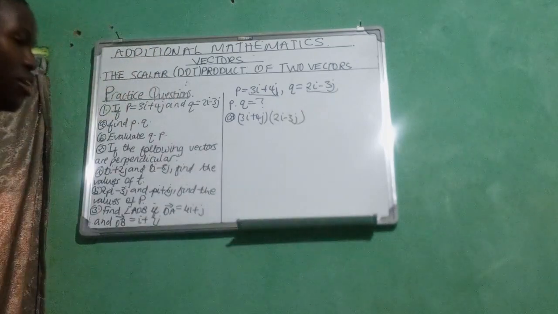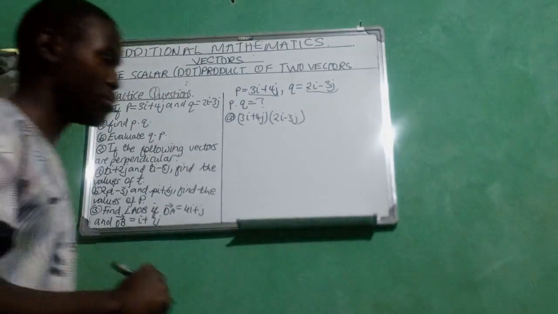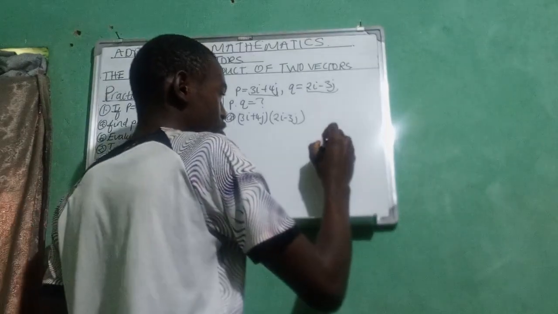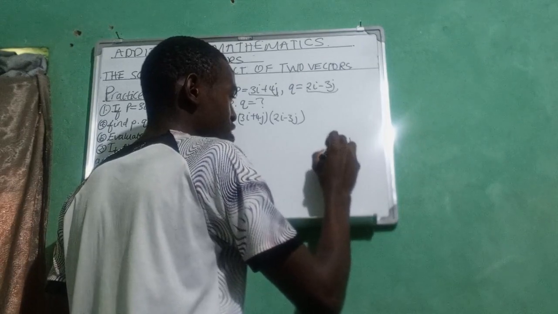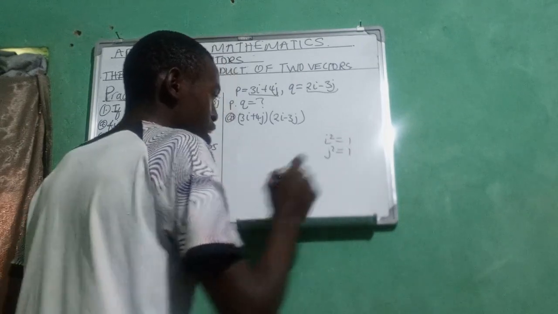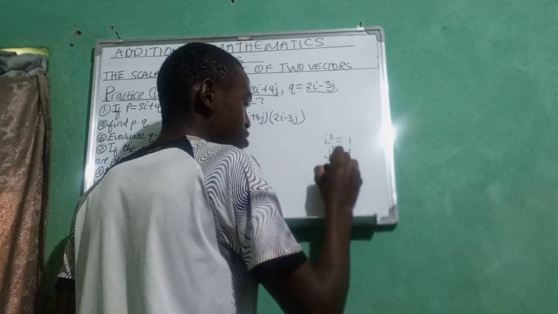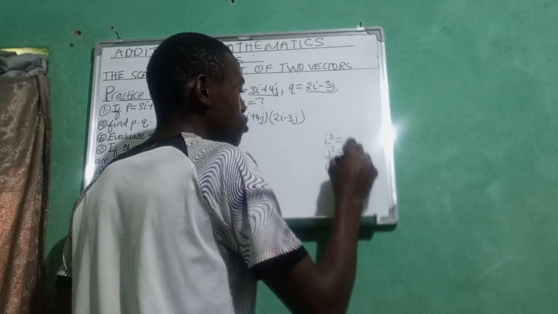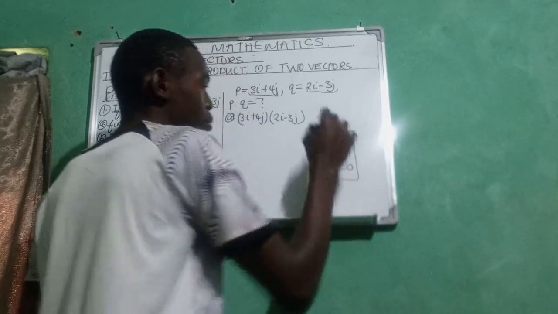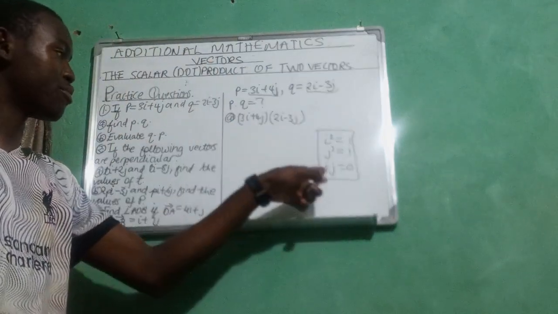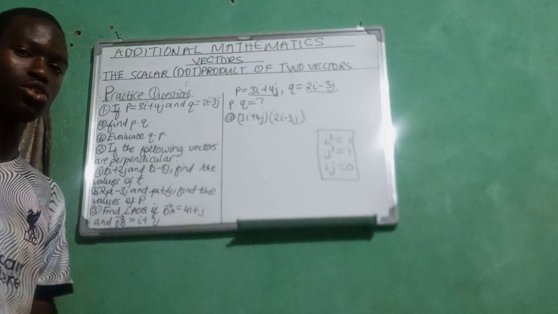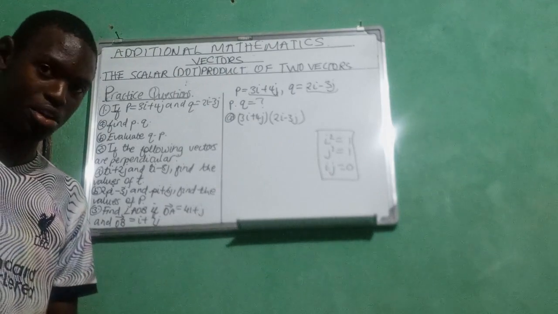What we do here is need to know the properties that I explained earlier. So I said i squared is equal to 1, j squared is equal to 1, i times j is equal to 0. These properties are very important. So vector i times vector j is equal to 0.